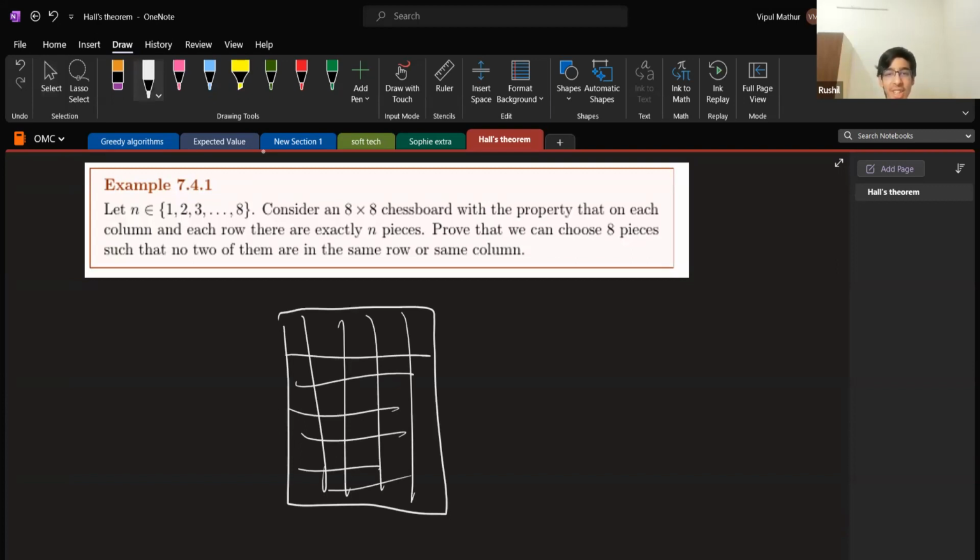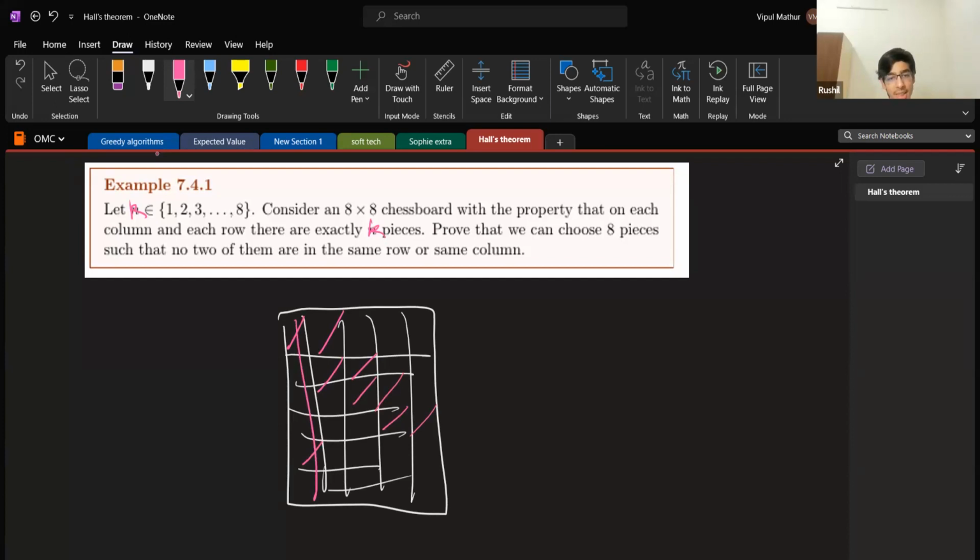The point is that each row and each column has exactly, I don't know why I used n here. I feel like k is just a much better letter to use for this sort of situation. But okay, let's imagine k is 1. Maybe k is 2 rather. So each row has two things colored, something like this.